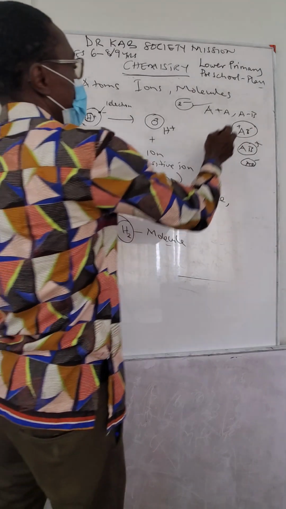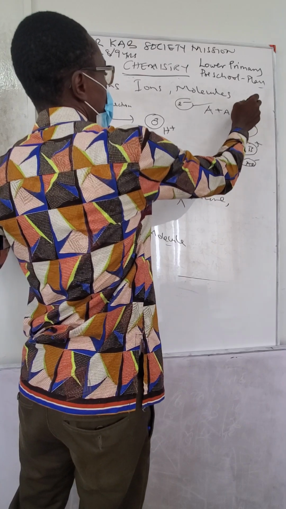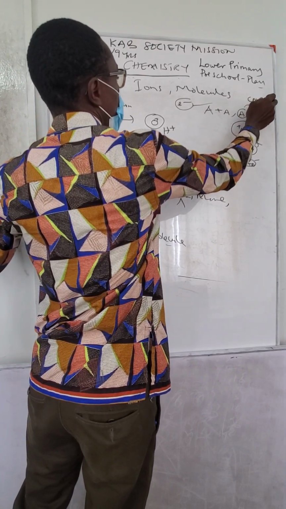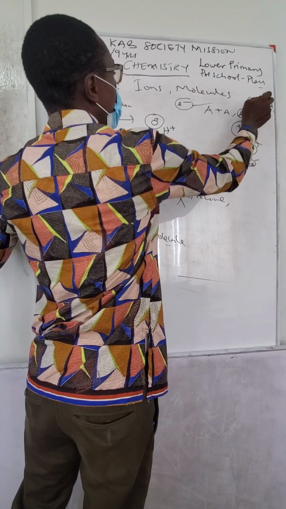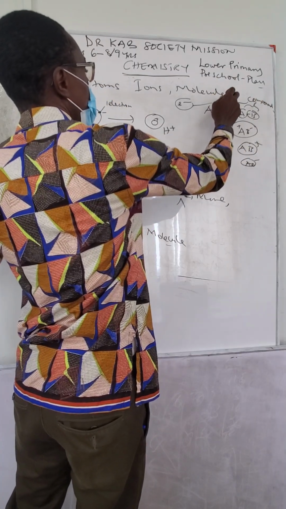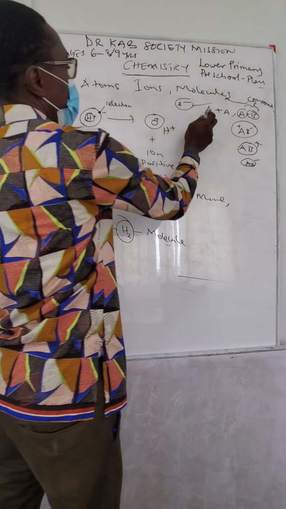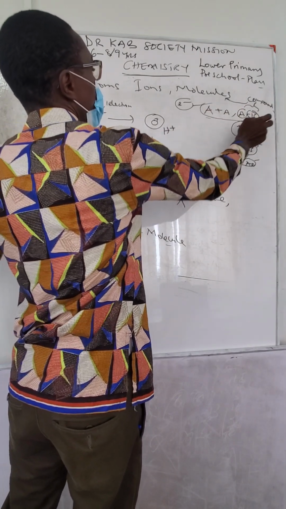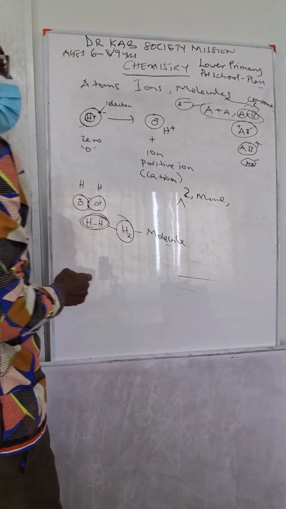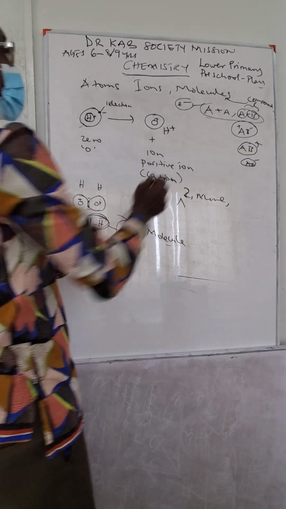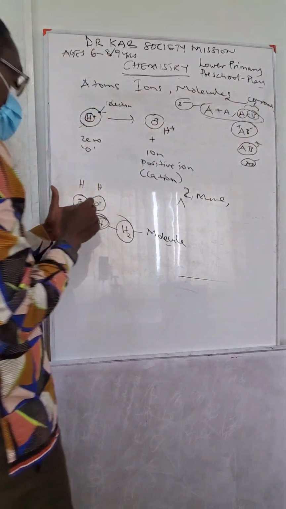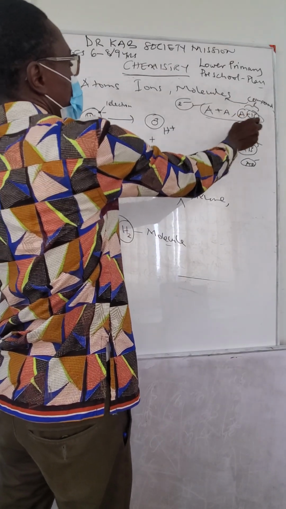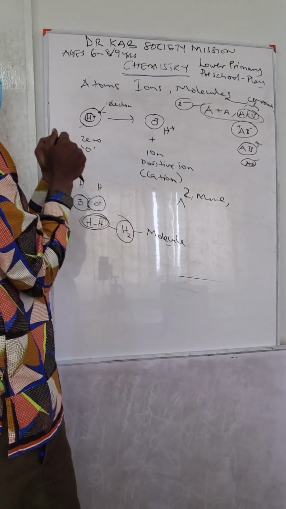Now, when they are different, we have a compound. A compound is an example of a molecule. So all these, either AA together or AB, are molecules. But when they are different, they are a compound. When they are the same, they're a simple molecule, and these ones can stand on their own.